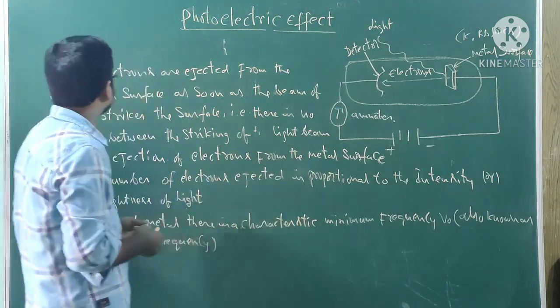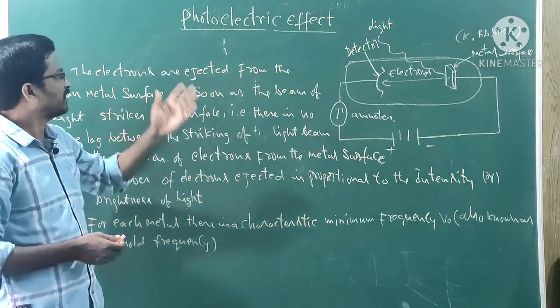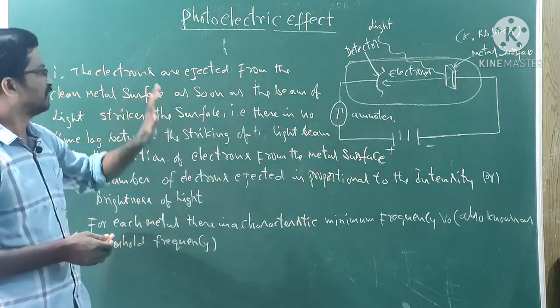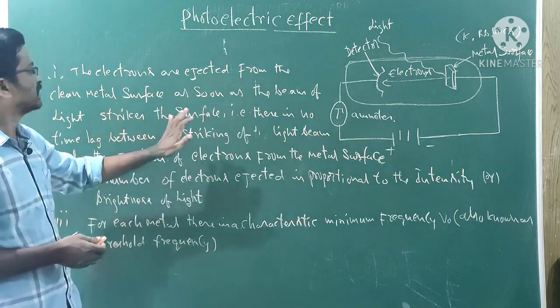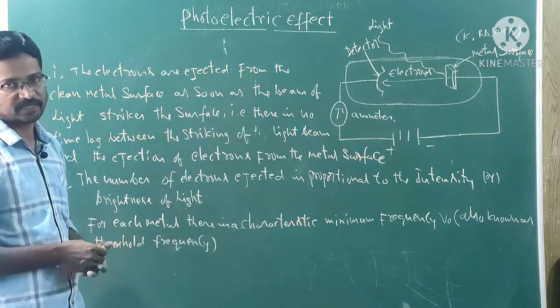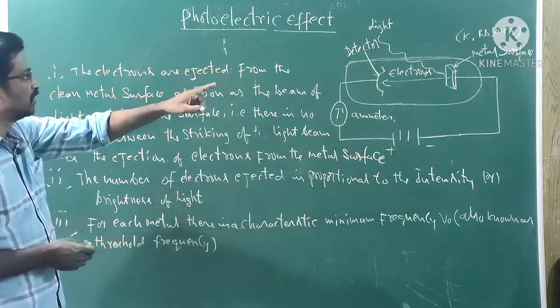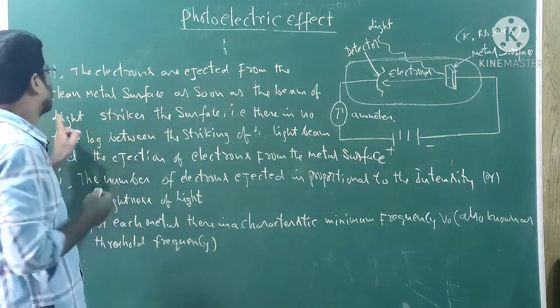First point: the electrons are ejected from the clean metal surface as soon as a beam of light strikes the surface. As soon as light strikes the metal surface, electron ejection takes place simultaneously.